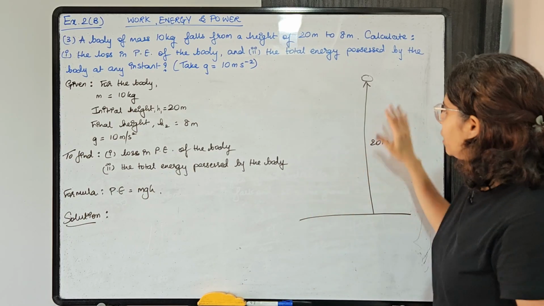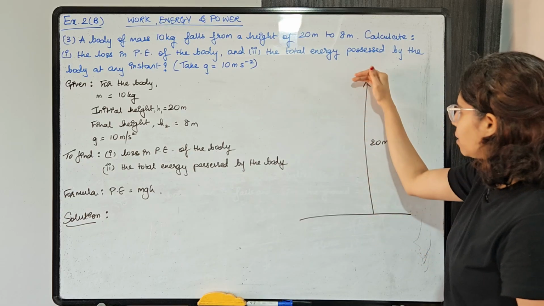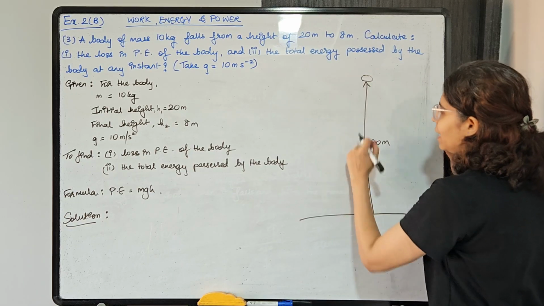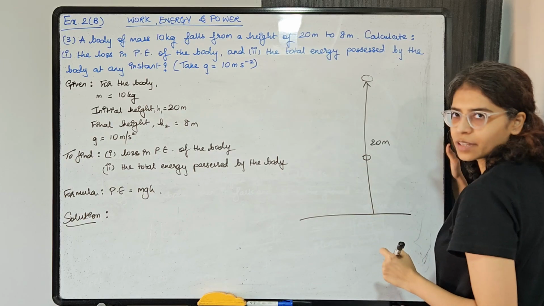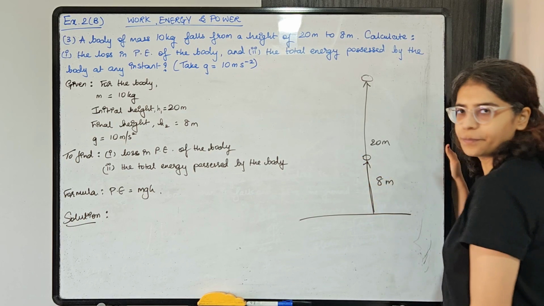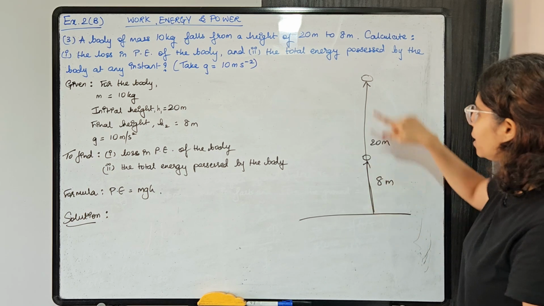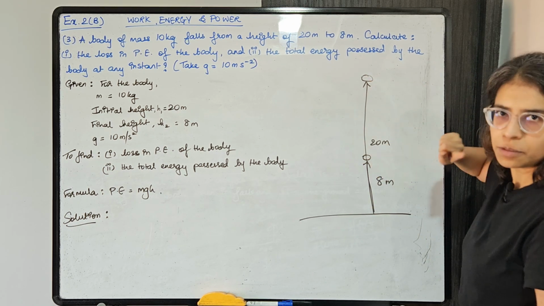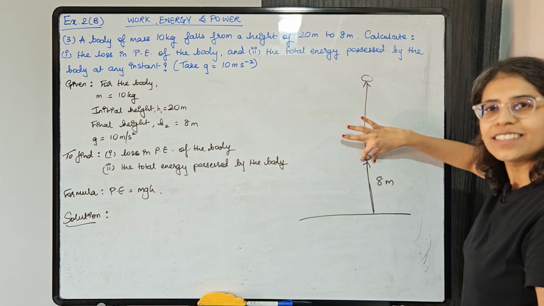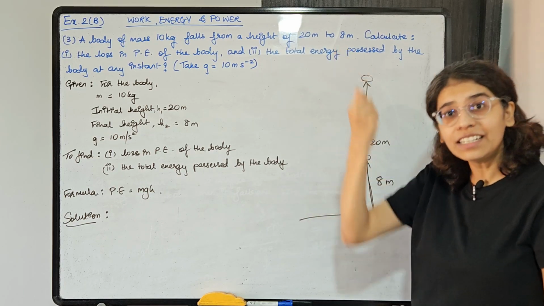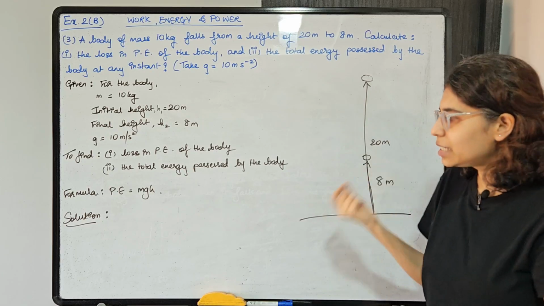So initially the height is more, then it is dropping down, so the height is reducing. Now the height is 8 meter. Initially it is at a height of 20 meter, then the final height is 8 meter. So lesser the height, lesser will be the potential energy. So potential energy has reduced. There is a loss.